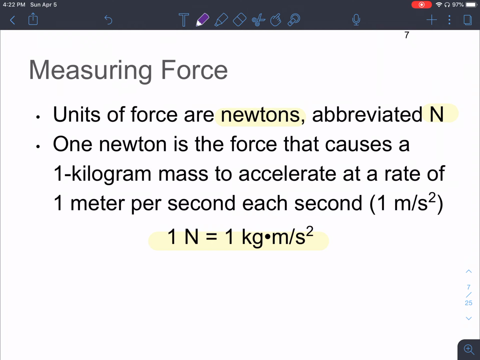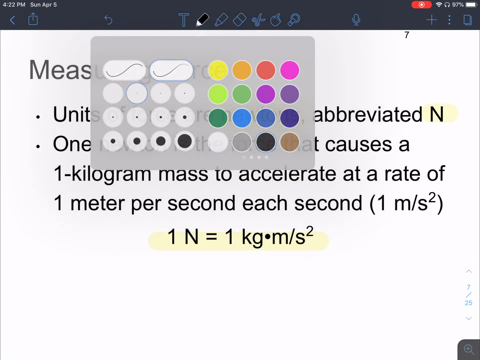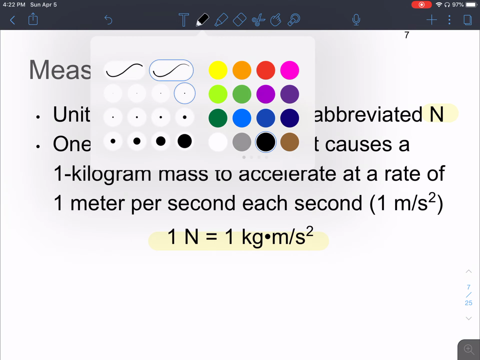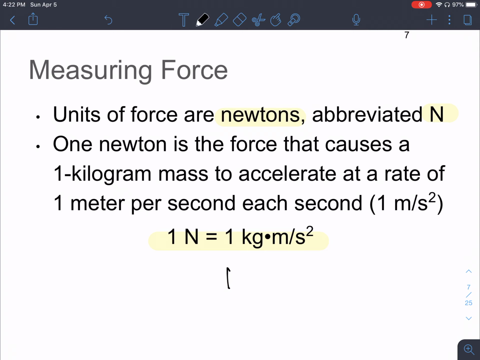Quite a mouthful, but let's dissect that a little bit. 1 kilogram times meters per second squared is equal to 1 newton. So we already talked a little bit about acceleration in this video, and that is why.